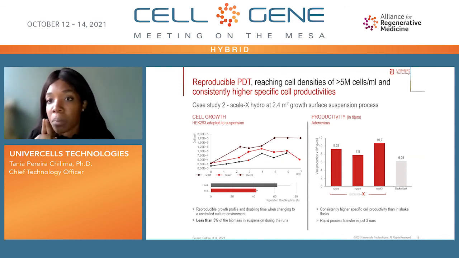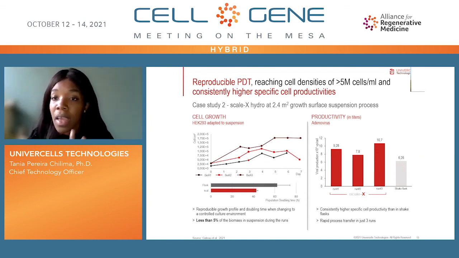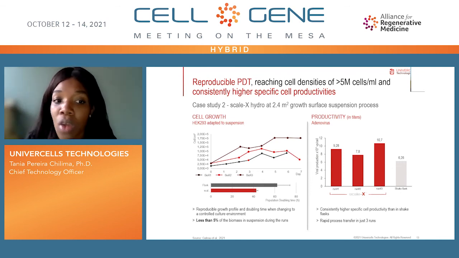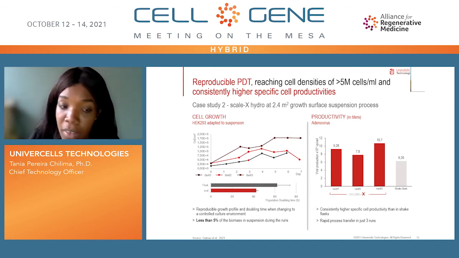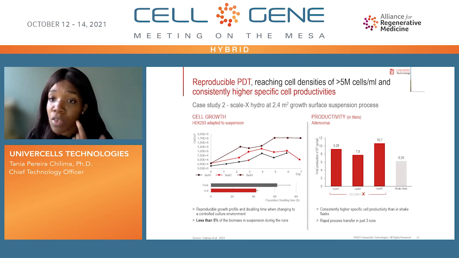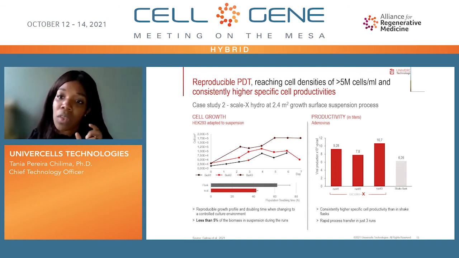The subsequent runs both adapted the seeding density and prolonged the growth phase, sorry, the production phase. On those results, we saw that the population doubling time was reduced when moving to the ScaleX bioreactor versus the shake flask, and it was more robust. So the variation was a lot more narrow.